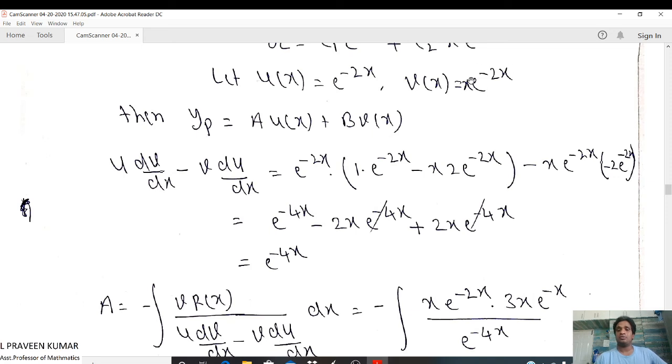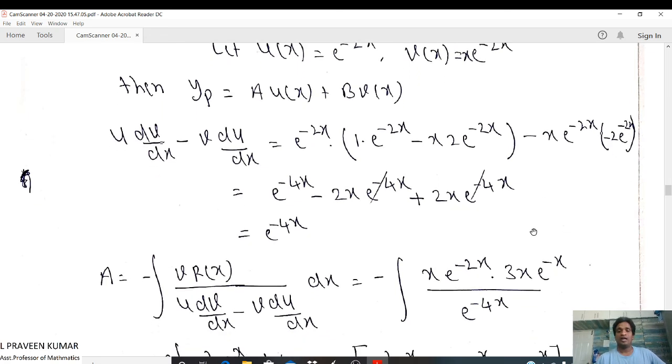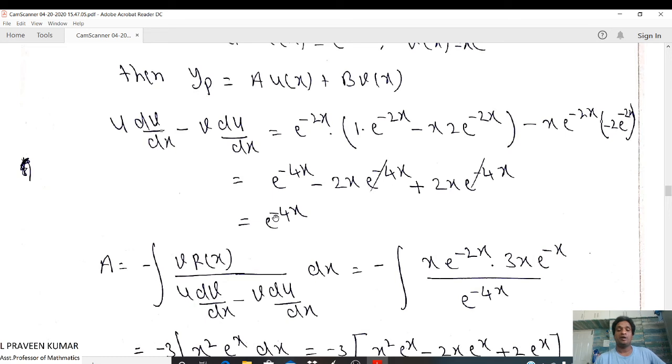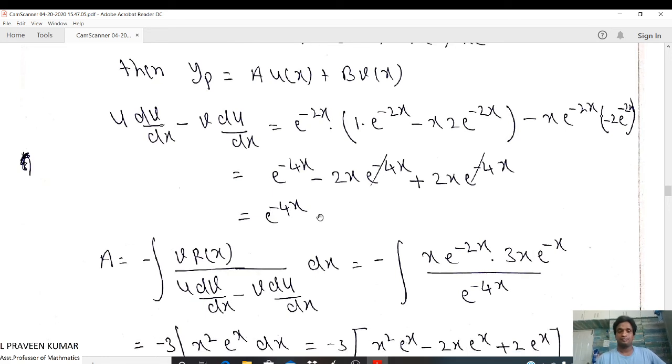This is a product of two functions, so we apply the product formula. x differentiation is 1, e power minus 2x as it is, plus x as it is, e power minus 2x differentiation is minus 2 e power minus 2x, minus v, x e power minus 2x, times the differentiation of e power minus 2x, which is minus 2 e power minus 2x. If you simplify, you will get e power minus 4x.